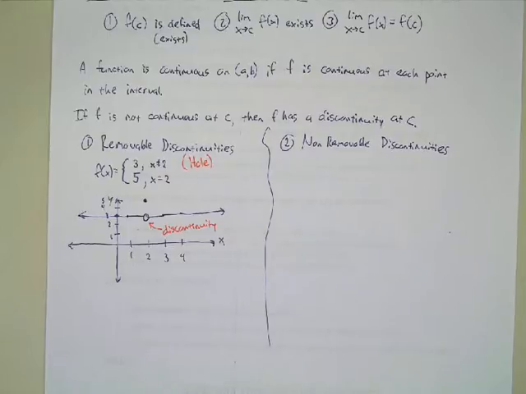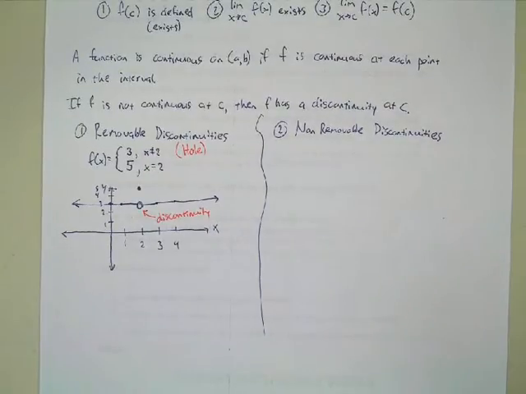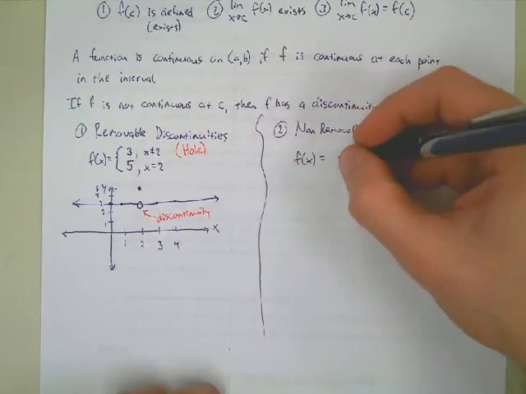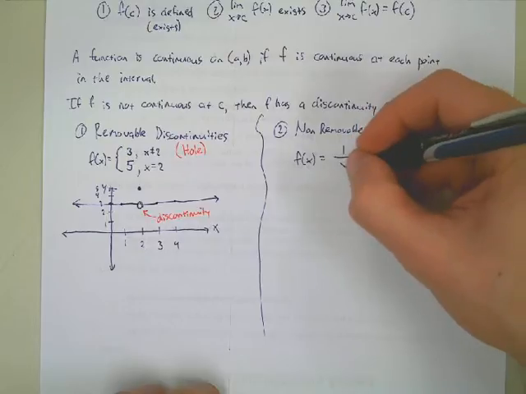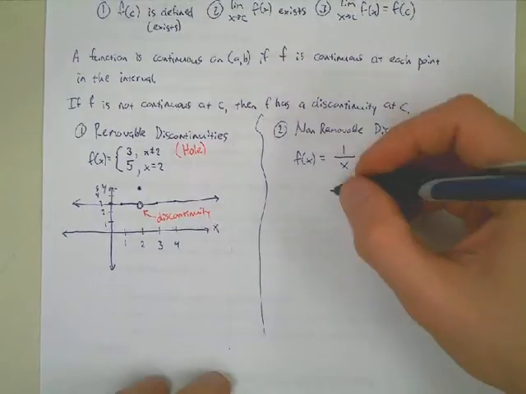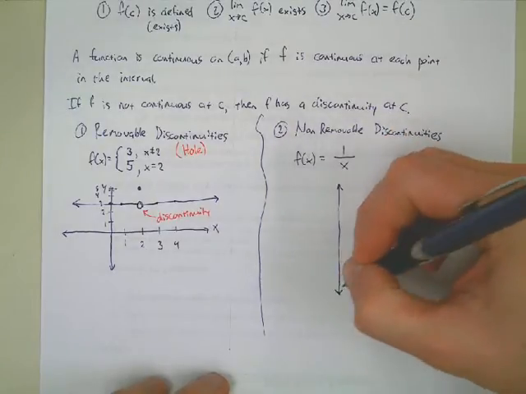Okay. Let's compare or contrast that with a non-removable discontinuity. So let's see an example of that. So let's talk about the function 1 over x. Okay, so 1 over x, that's one of our family of functions that we should know the graph of, right?